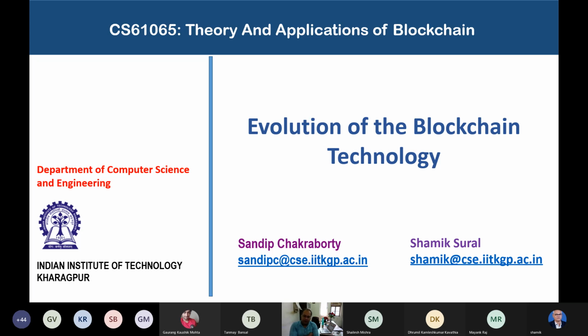So let me start with a bit of history about how gradually this concept of blockchain evolved and how people have started using it for different kinds of applications. As Professor Sural was mentioning, the initial phase of blockchain was actually used for cryptocurrencies.